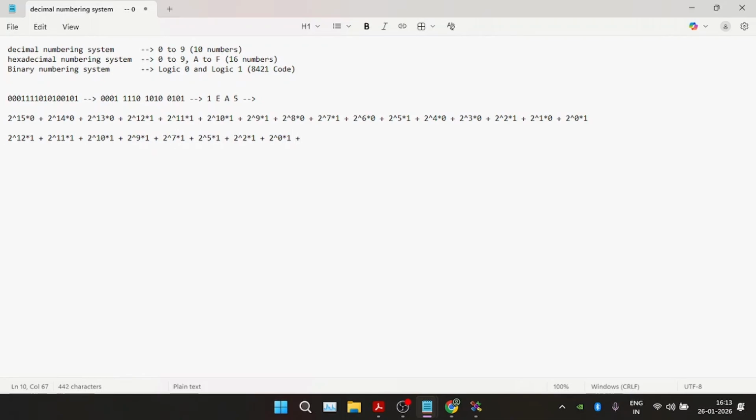So this will be equal to 2 power 12 into 1. Let's go from the bottommost side. 2 power 0 is 1 into 1, that will give you 1, plus 2 power 2 is 4, 4 into 1, that's again 4.